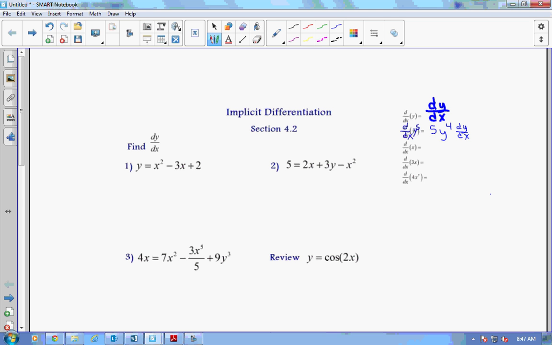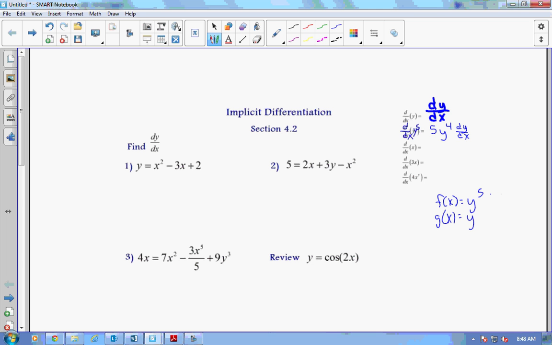Yeah, what's stuffed in? Y is inserted into, y is stuffed into y to the 5th. So f of x is y to the 5th, and g of x is just y.